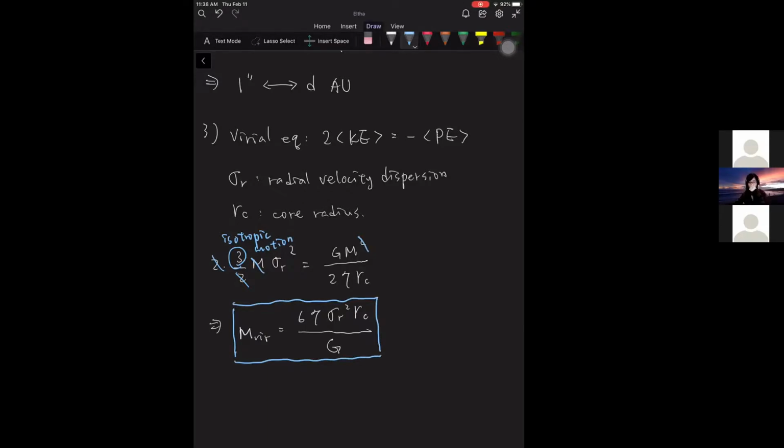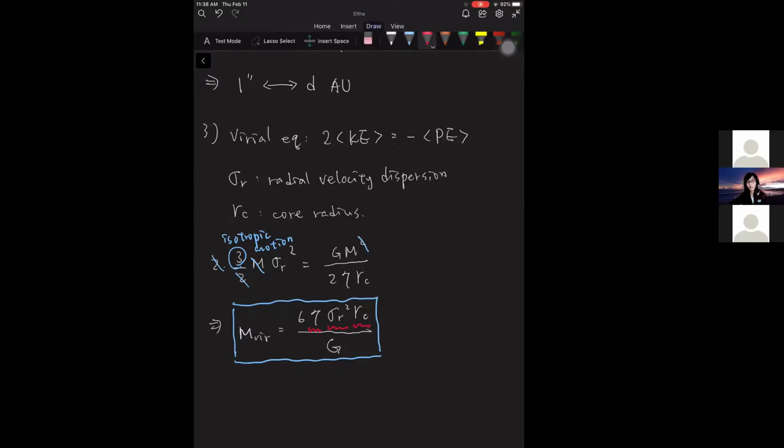So what does this mean? In this equation, we can see that virial mass depends on eta, the sigma r squared, and the radius, right?